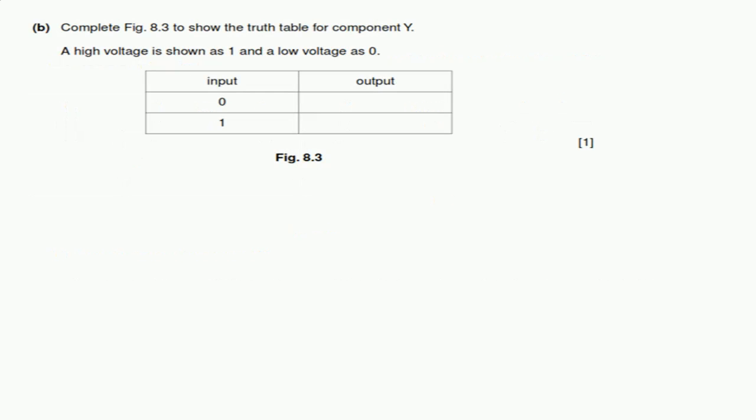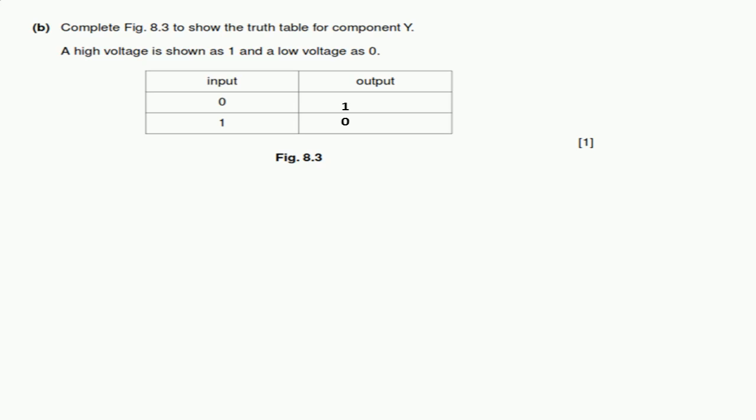Question number 8, part B. Complete figure 8.3 to show the truth table of component Y. A high voltage is shown as 1 and the low voltage as 0. Dear student, as in part A, I told you that component Y is a NOT gate, and a NOT gate is a reverse gate.